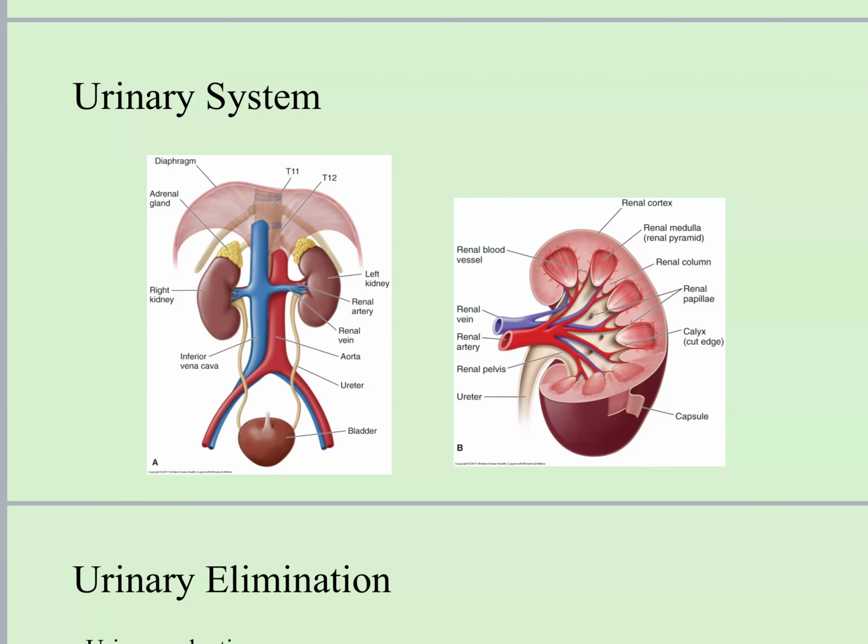So the inferior vena cava is the largest vein in the body, and it collects the deoxygenated blood from the kidneys and also any structures below the diaphragm, and it returns it to the right atrium of the heart. So it is the main way that there is venous return for the kidneys and the lower body structures.